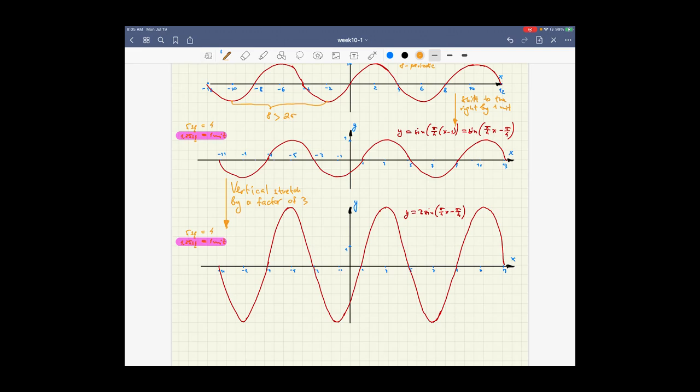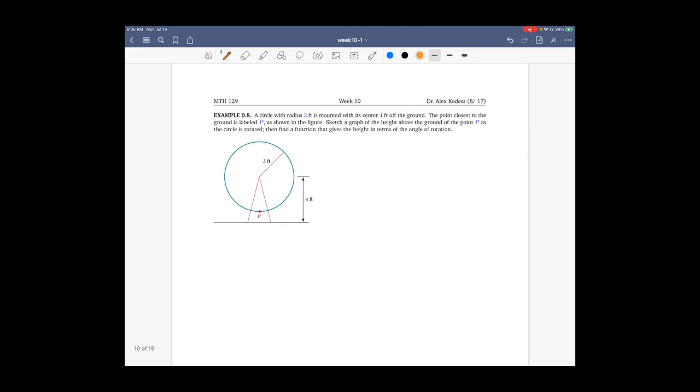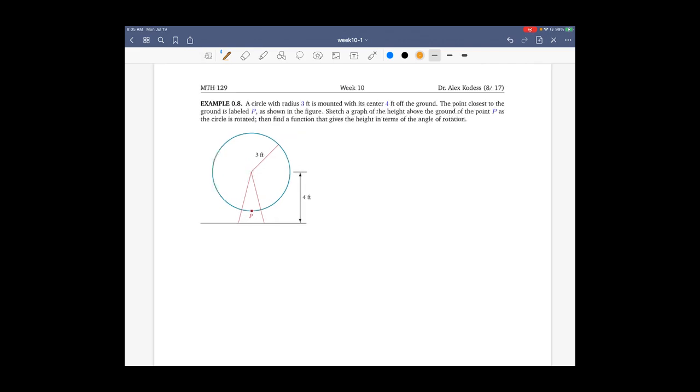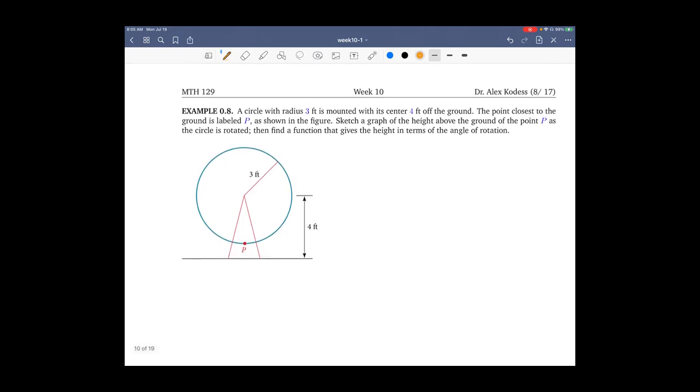And the last example in this chunk of material is this application example. We have here a circle of radius 3 mounted with its center 4 feet off the ground.